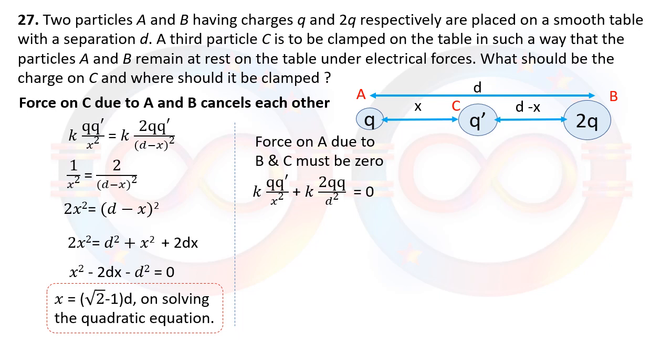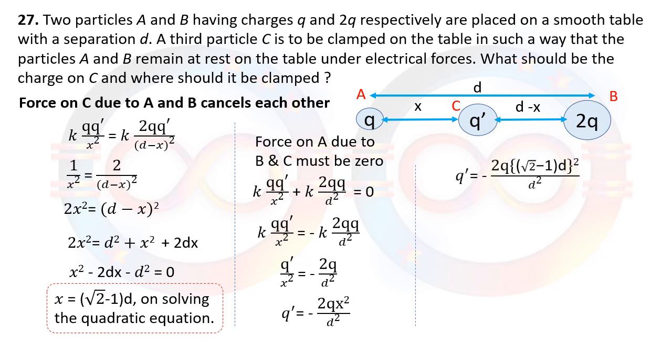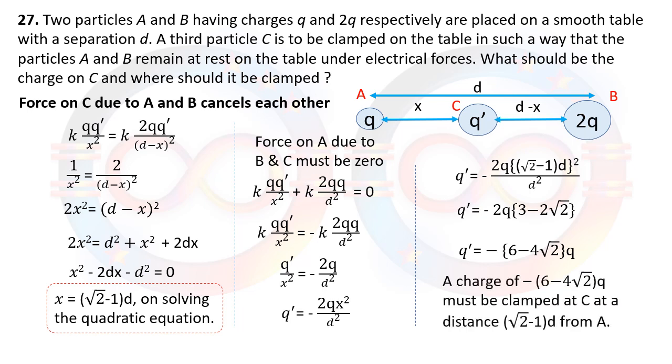So take the force on A due to B and C. Again same, k q dash upon x square plus k 2q dash upon d square is equal to 0. And if you take the other side, the same terms are going to be cancelled, and then q dash is equal to minus 2q x square upon d square, and we put the value of x from the previous equation, we will be getting the charge on C as minus (6 minus 4 root 2) into q.